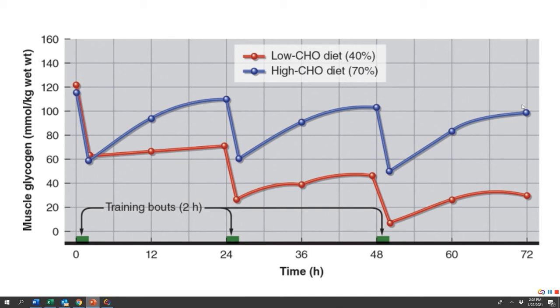There's a slight decrease, but it's not like what this person was undergoing on the low-carbohydrate diet, where they had a big decrease and then a tiny increase. Even over the course of 2 days, big decrease, small increase. So their glycogen stores are severely depleted after 72 hours and 3 exercise bouts.